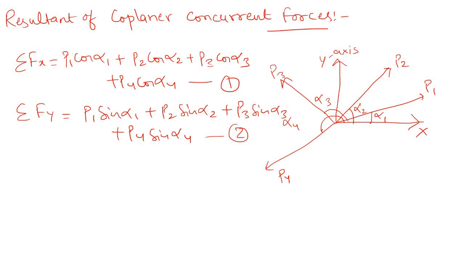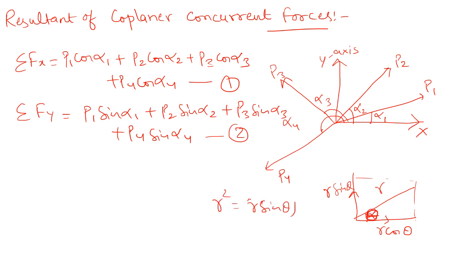So how can you find the overall resultant? You are already familiar with that. If there is a vector r, which is the resultant, with components r cos theta and r sin theta, acting at an angle theta, then the resultant is r squared equals (r sin theta) whole squared plus (r cos theta) whole squared. And here, this is not theta, this is alpha.